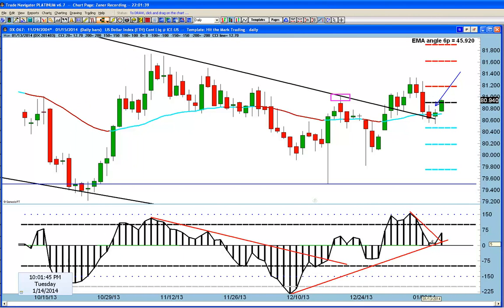And all this does is just keep me in awareness that if we flip down and break through this line and this horizontal line, well, we're going to go all the way back down one more time, okay? But at this point in time, this is a classic signal to go long, okay?